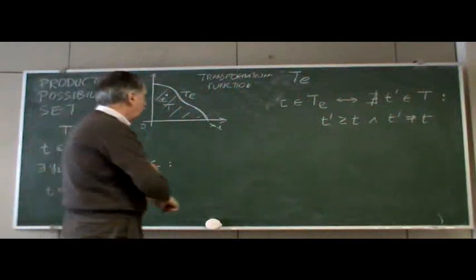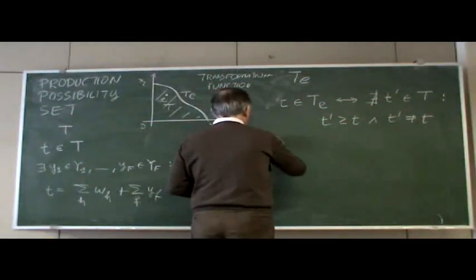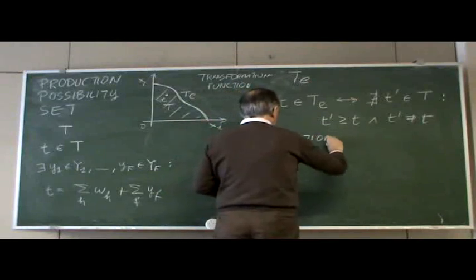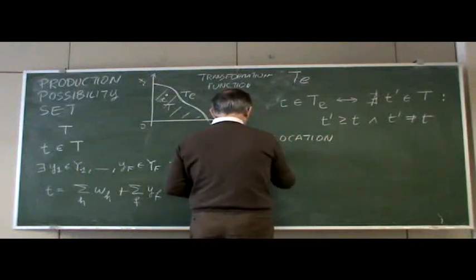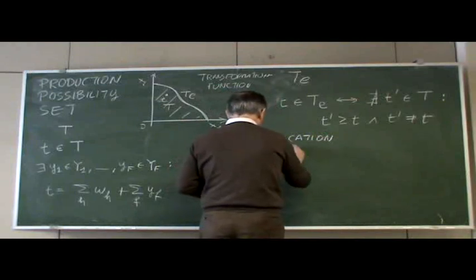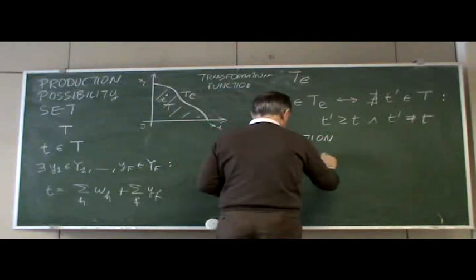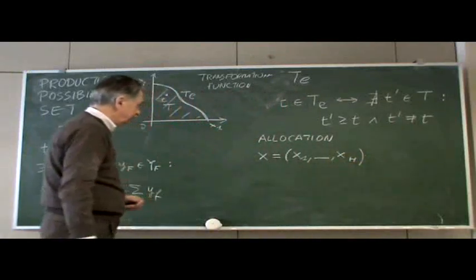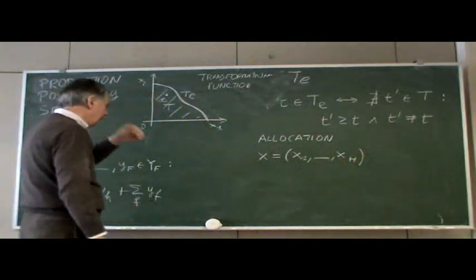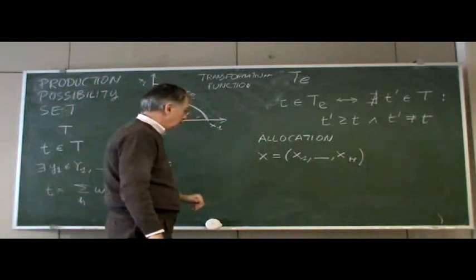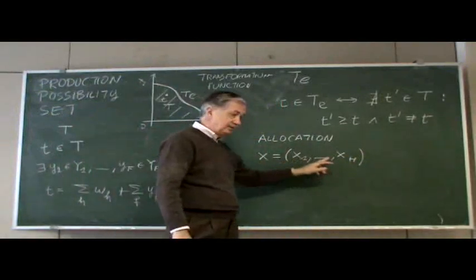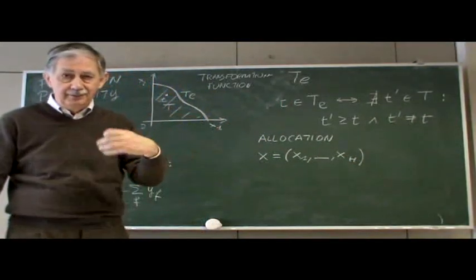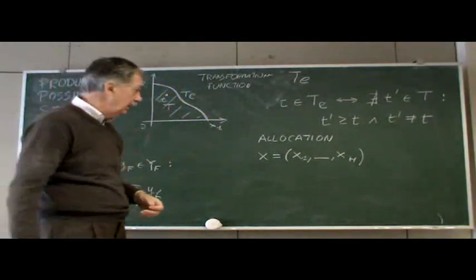Finally, an allocation of consumption goods. An allocation is a large vector like this, X. Note that the components of this large vector are vectors themselves.